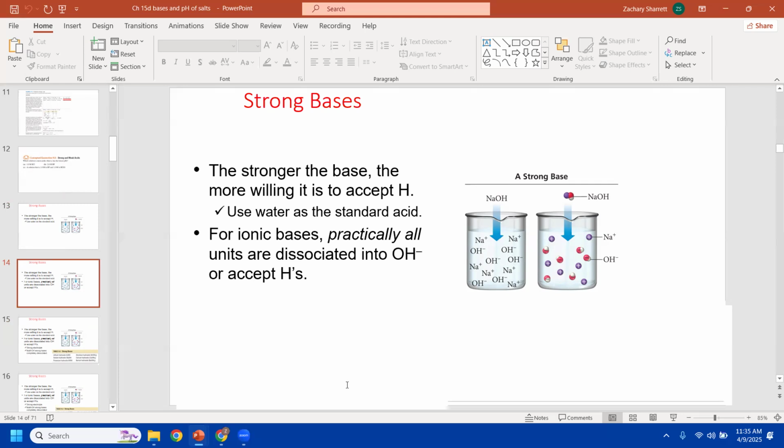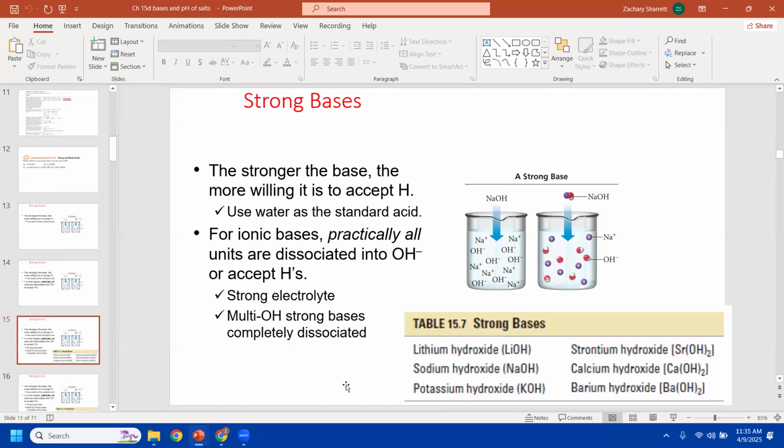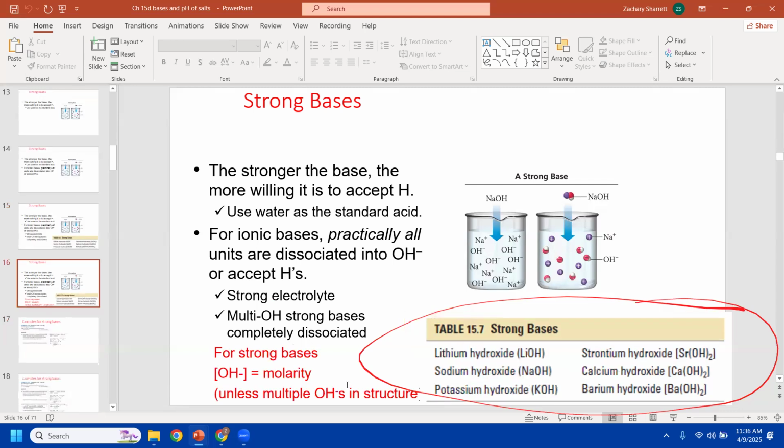When we say practically, we're going to assume it's 100%, okay? So with the strong bases, these are our strong bases. Is this an important list to have? What do you think, Bailey? Why? Because if it's not one of these, it's a weak base, and we would then know we have to look up a Kb value, okay?